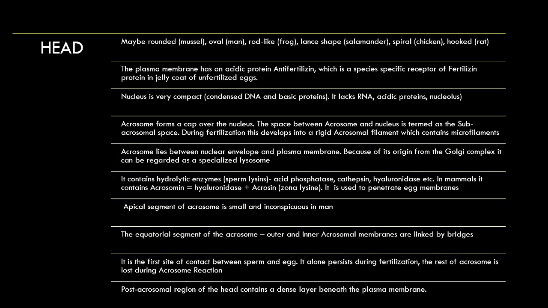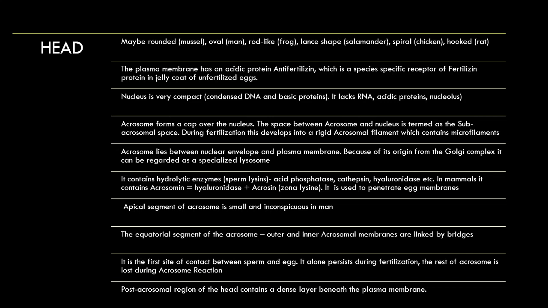So the head of the sperm may be of different shapes. It may be rounded, it may be oval, maybe rod-like, maybe lance-shaped, spiral or hooked in different kinds of animals. The plasma membrane which surrounds the head has an acidic protein which is called as anti-fertilizin.